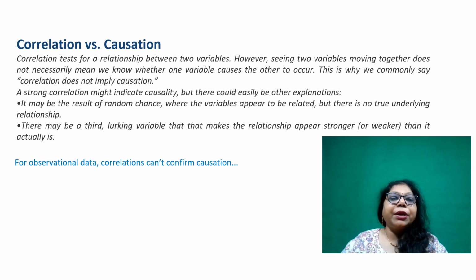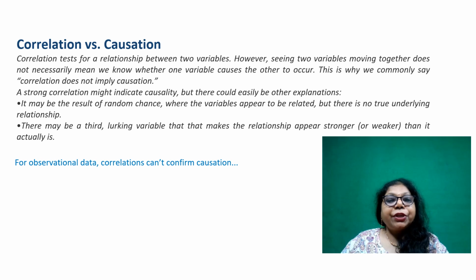A strong correlation might indicate causality, but there could easily be other explanations also. It may be the result of random chance, where the variables appear to be related but there is no true underlying relationship. There may be a third or lurking variable that makes the relationship appear stronger or weaker than it actually is.